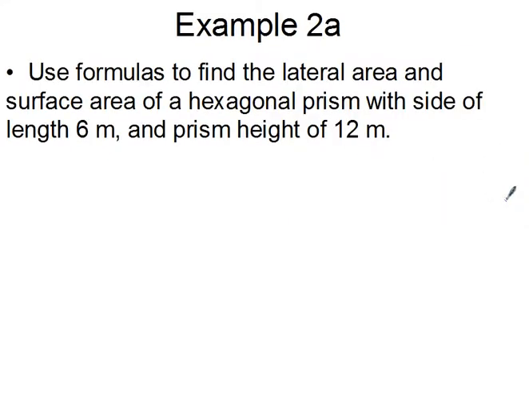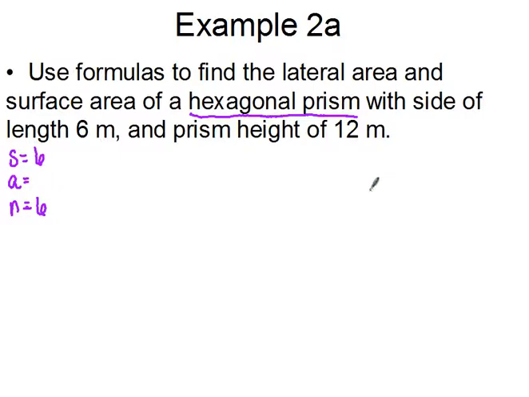Alright, so this time they're telling us it's a hexagon, hexagonal prism, with a side of length 6, so that's S, because hexagons need the N and S, right? And N would be 6. And it says a prism height of 12.